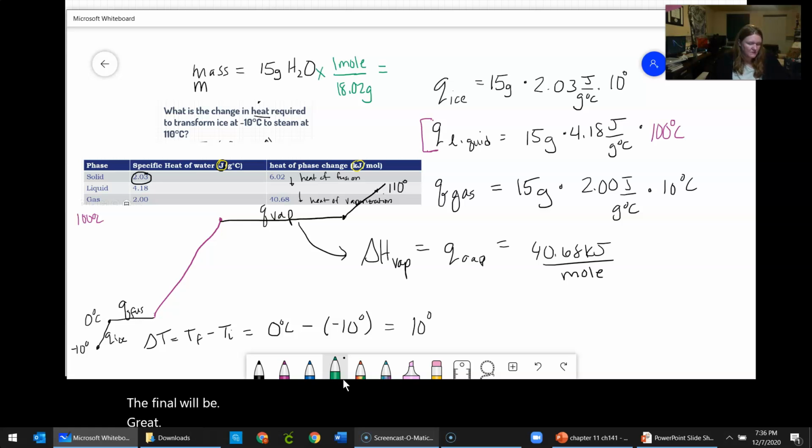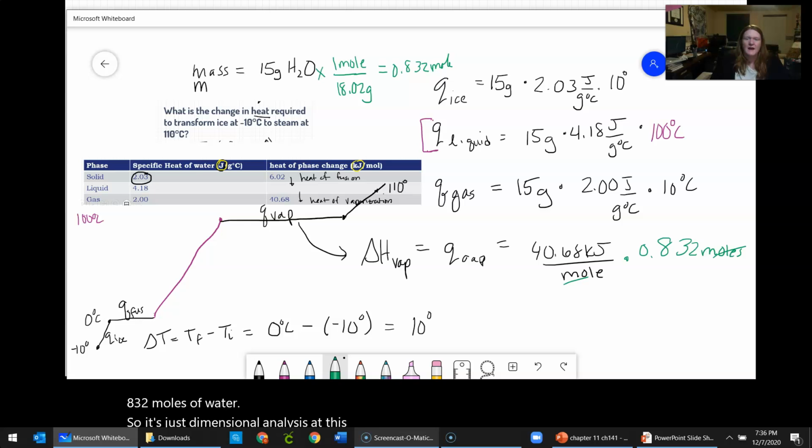Even if you get the right answer, by the way. So we have a total of 0.832 moles of water. So it's just dimensional analysis at this point.